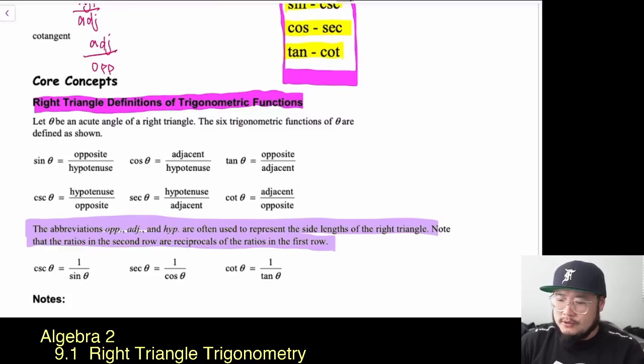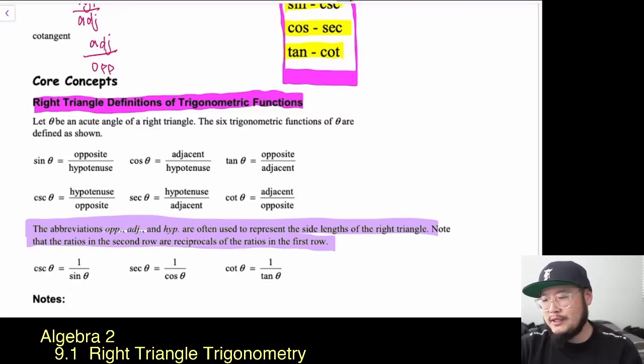What that means is this. Cosecant of theta is hypotenuse over opposite, or it is equal to 1 over sine theta. Secant theta is equal to 1 over cosine theta. And cotangent theta is 1 over tangent theta.